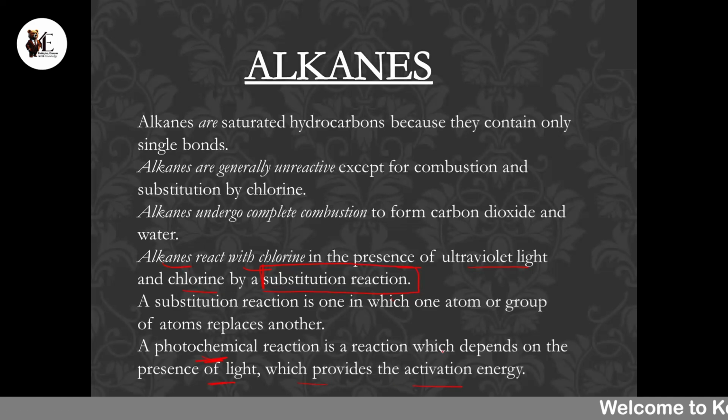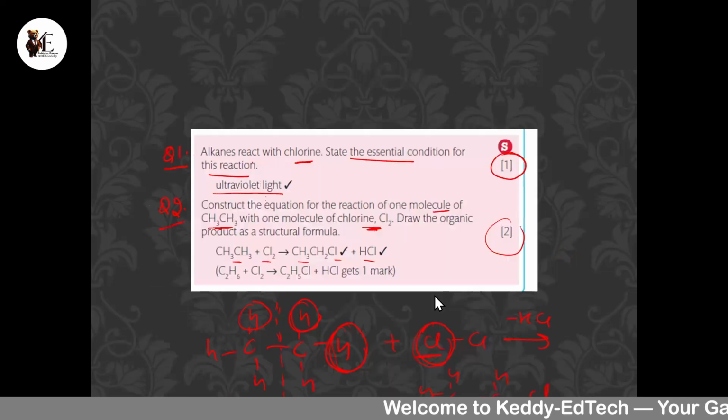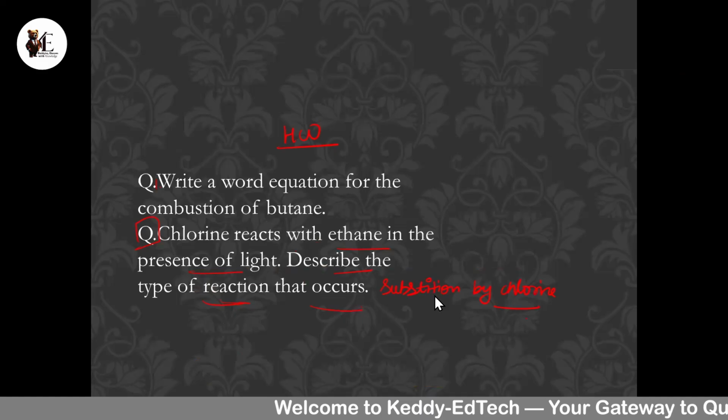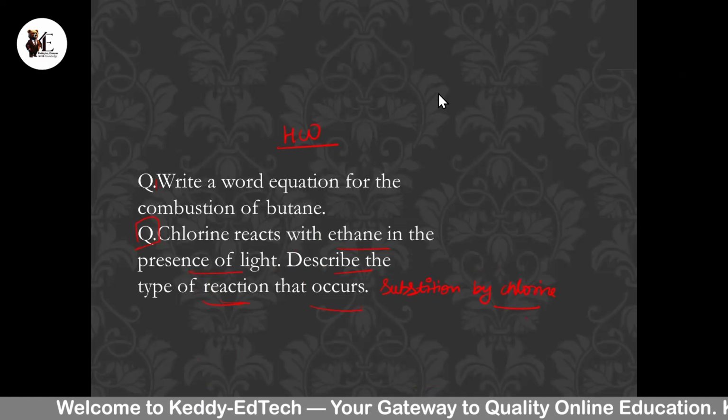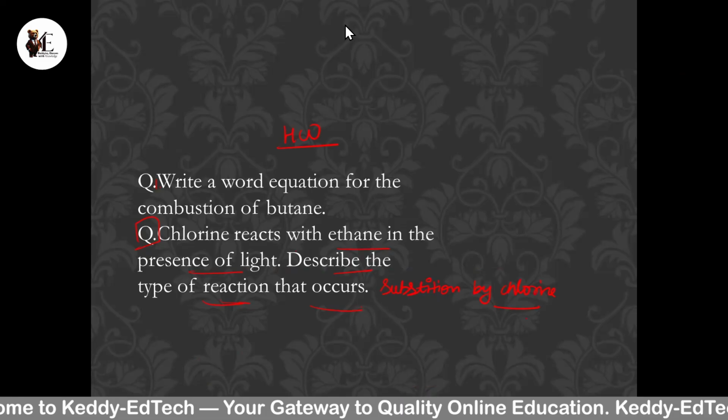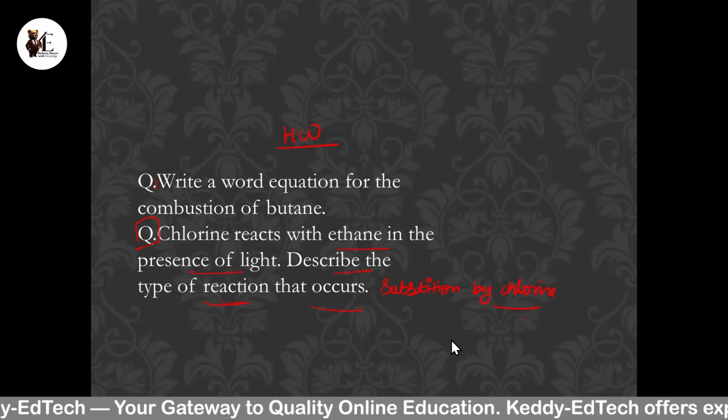So it may be any reaction, not a particular chlorine reaction. But in this question, it is asked in the chlorine reaction in the presence of light. So it is substitution by chlorine. Yes, ma'am. The exact answer is this.